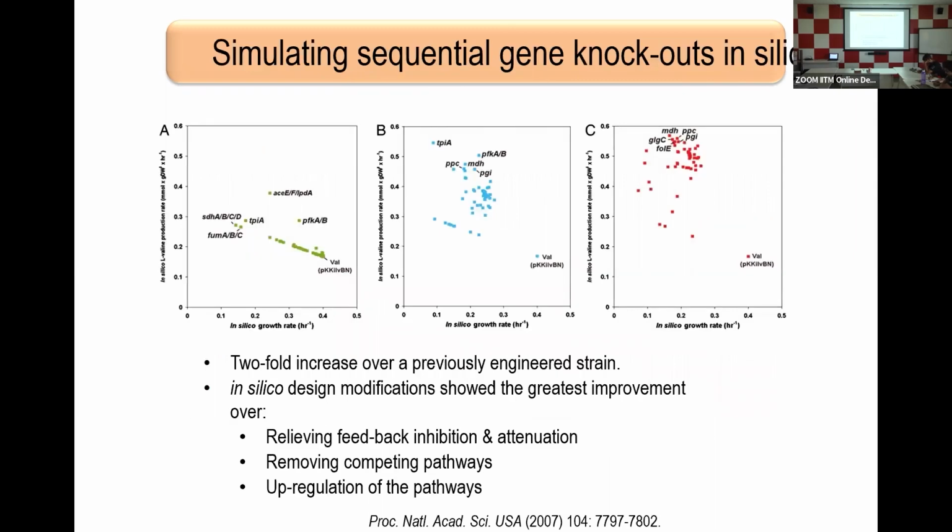For instance, this is just one example, a couple of examples I will show you. With one of these platforms, one can predict what will be the consequences of some knockouts or production of a specific metabolite. So in this case, this is a project for generation of saxin.